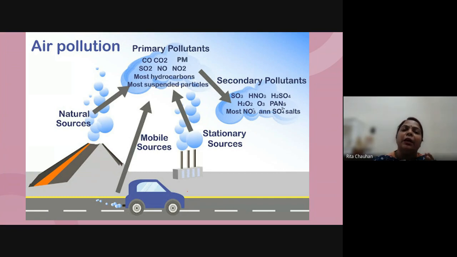Natural means pollution which is released from, you must have seen volcanoes. When volcanic eruptions happen, lots of toxic gases are released into the atmosphere.